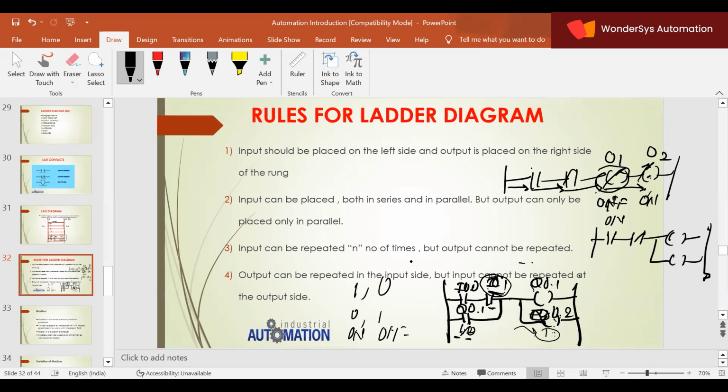For series connection of outputs, the compiler will show the error. Even for address repetition, it will show that the output is repeated during compilation. If any one rule is not satisfied, either the compiler will show the error, or the software won't support the combination while creating the program.